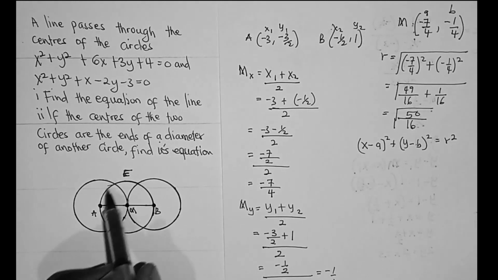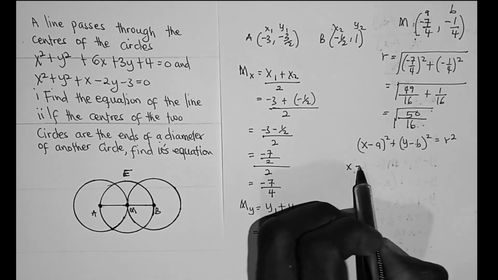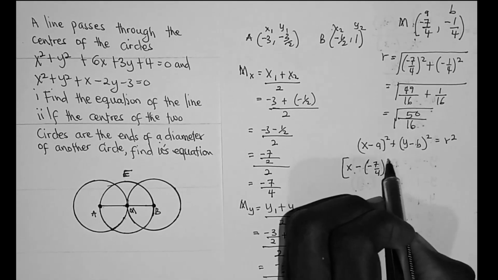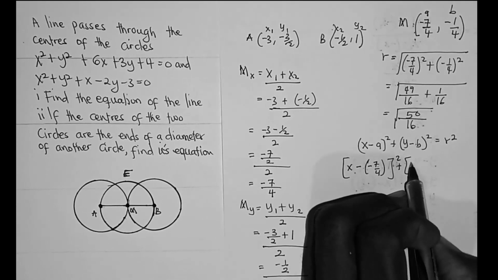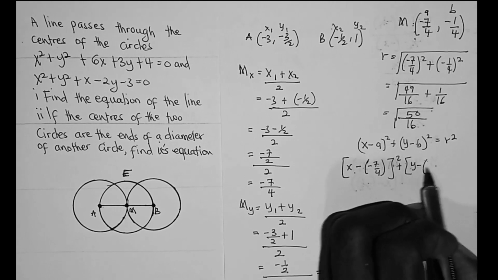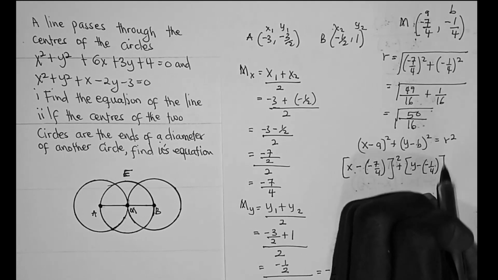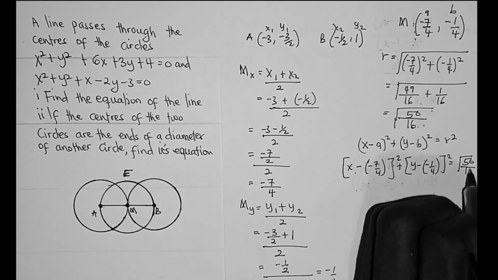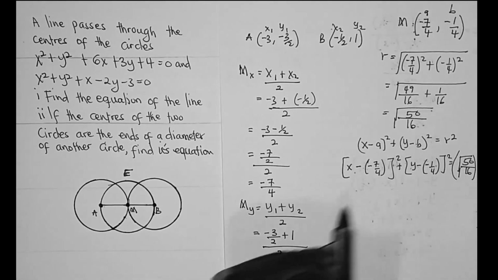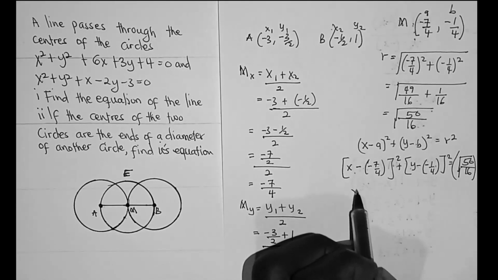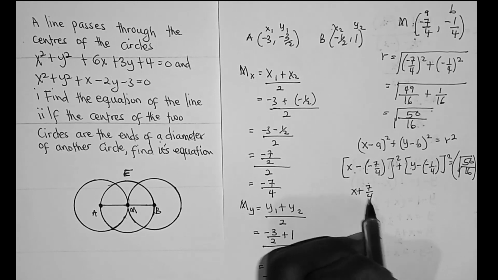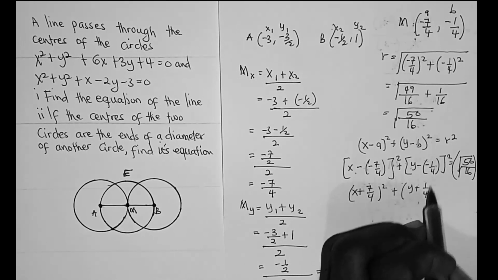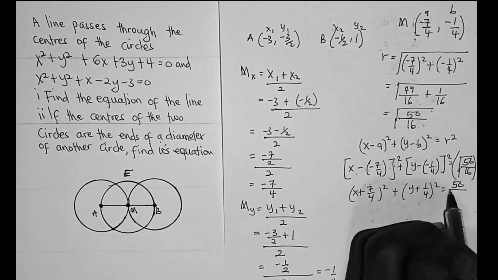Therefore the equation of the third circle becomes x minus 7 over 4 all squared, plus y minus, then the b component is minus 1 over 4, all squared equals the radius squared. It becomes the square root of 50 divided by 16 all squared. So this then becomes x plus 7 over 4 squared, plus y plus 1 over 4 squared equals 50 over 16.